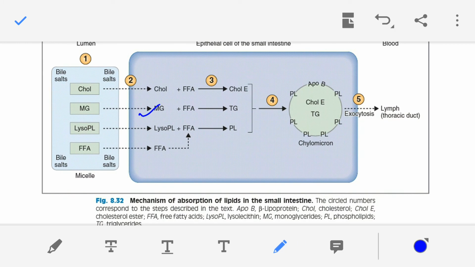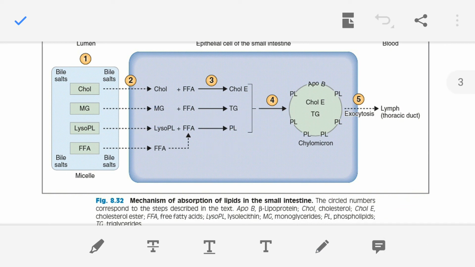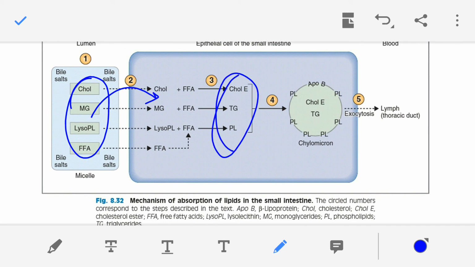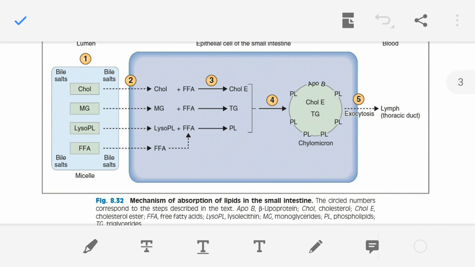Then monoglyceride combined with free fatty acid, triglyceride is formed. Lecithin and free fatty acid form PL, phospholipids. Okay, so this is how the digested lipid enters into the enterocyte cell, and this is how the lipids are once again formed in the enterocyte cell.